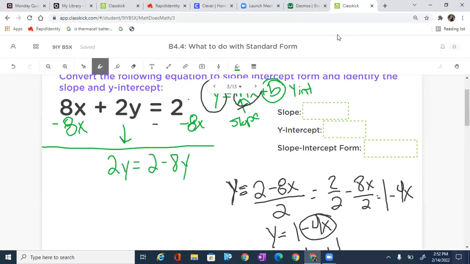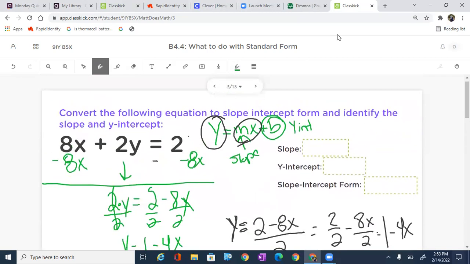And notice that we end up in the exact same spot. 2 is attached by multiplication, so we reverse that order and divide everything by 2. And y equals 2 divided by 2, which is 1, minus 8 divided by 2, which is minus 4x. However, the original do-undo table explains why you end up with that 1 minus 4x.